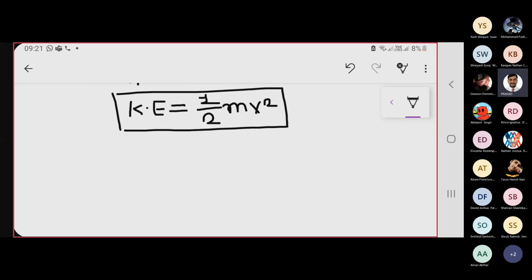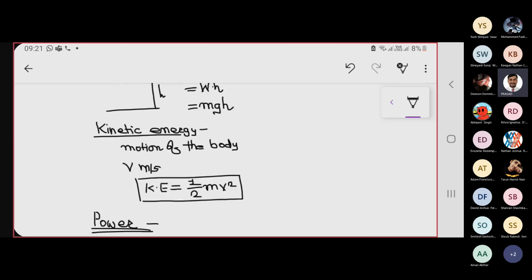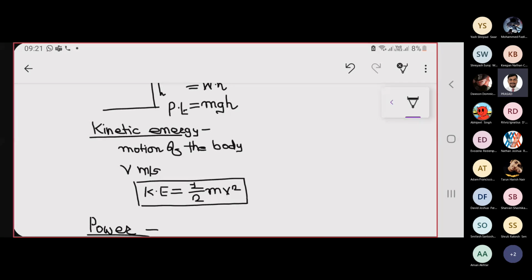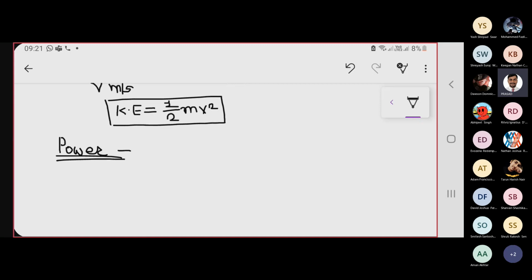Now let's go for power. These are the basic terms of science, but still we are going through them so that it will be easy for you to understand. So potential energy is mgh, kinetic energy is half mv square. Power next. It is defined as the time rate of doing work.